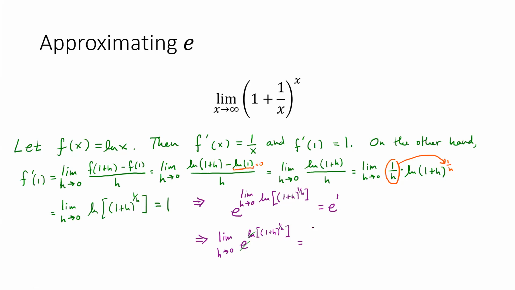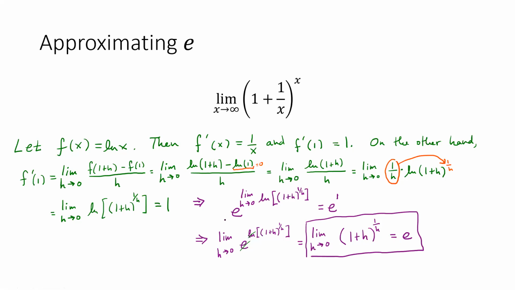So this reduces to just the limit as h approaches 0 of 1 plus h to the power of 1 over h, and we know that this is equal to e to the power of 1. So this is equal to e. Here's one way of writing it: the limit as h approaches 0 of 1 plus h to the 1 over h power is equal to e.